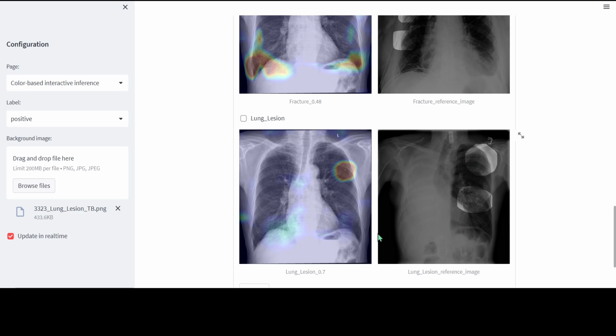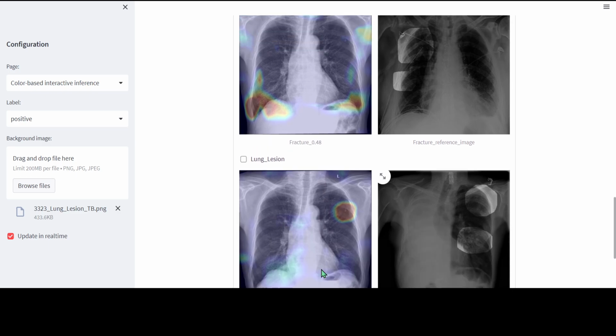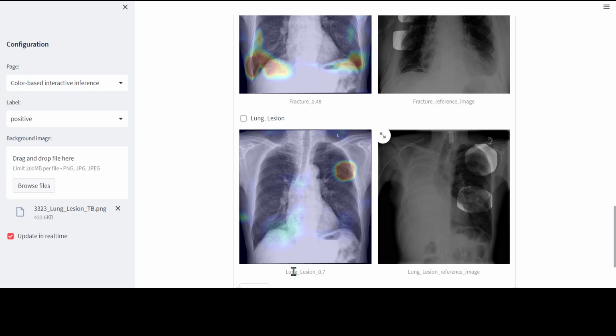In other words, the model is saying that this area of the image is similar to this area of the prototype sample with a similarity or confidence score of 0.7. We found that it is quite correct because it is indeed a confirmed lung lesion case. And this is how the concept of lung lesion works.